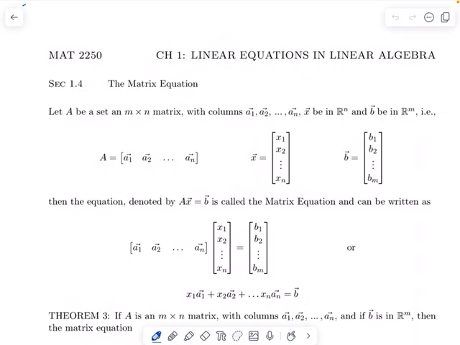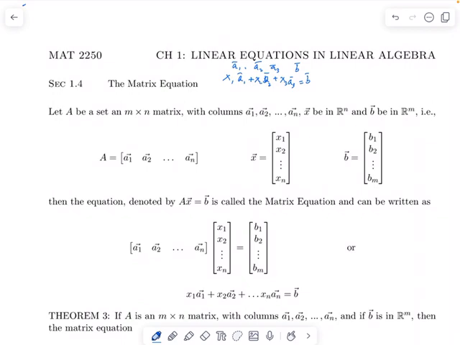We now start section 1.4, the matrix equation. Previously we saw that if we had three vectors, a1, a2, a3, and a vector b, then we can find some unknown numbers x1, x2, x3 such that x1a1 + x2a2 + x3a3 is equal to b.